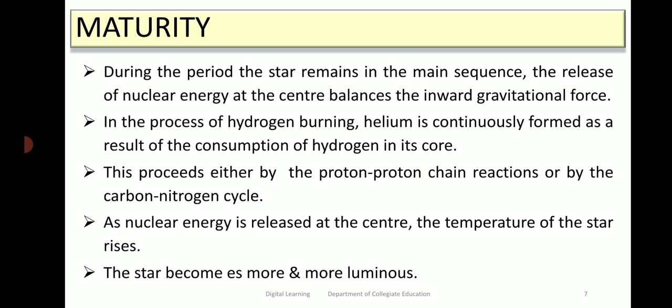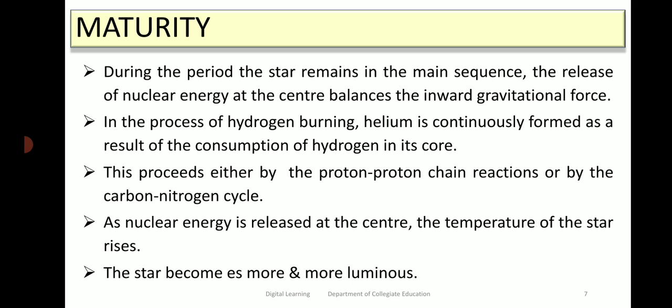Maturity. During the period the star remains in the main sequence, the release of nuclear energy at the center balances the inward gravitational force. In the process of hydrogen burning, helium is continuously formed as a result of the consumption of hydrogen in its core.